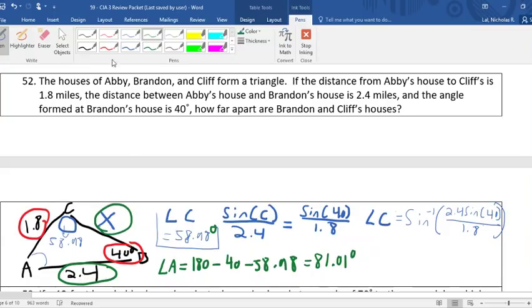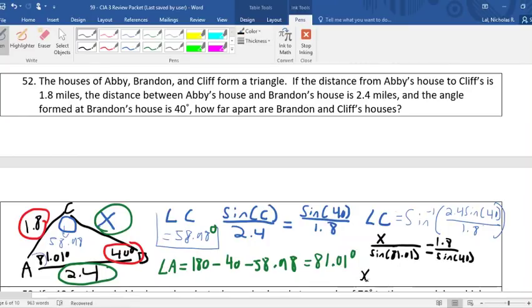To solve for x, we know this is 81.01 degrees. We can use the law of sines again. From this point, we can say that x over the sine of 81.01 is equal to, well, it's equal to multiple things, but let's just do 1.8 over the sine of 40.